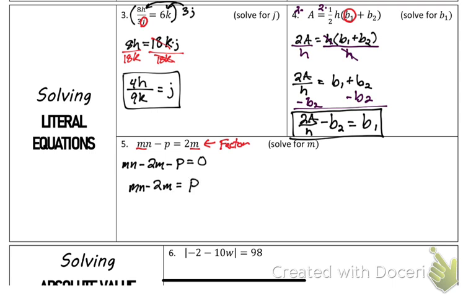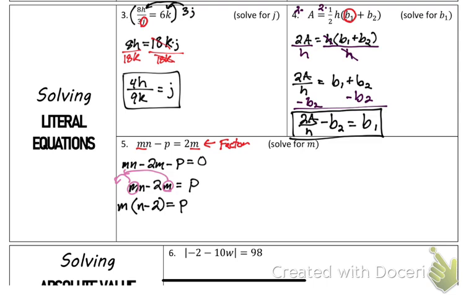And now I'm going to notice there's an m in both of these terms, which means I can factor an m out of both of those, resulting in m times the quantity n minus 2 equals p. I have now turned 2 m's into 1 m. This 1 m is attached to stuff I don't want by multiplication.